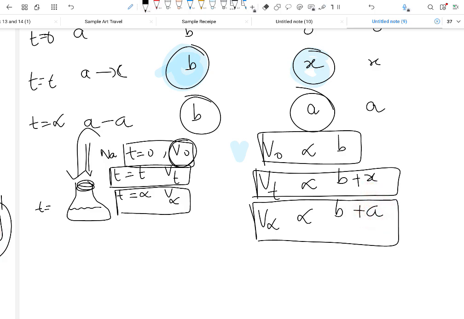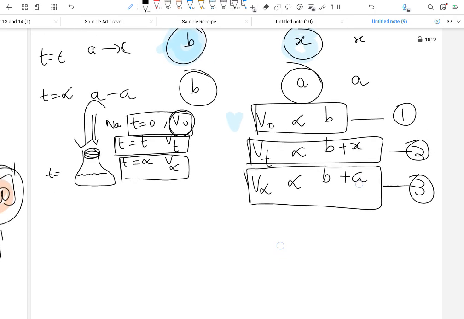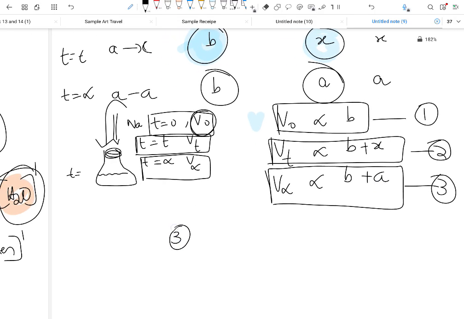So if I take equation 3 minus 1, what will I get? V infinity minus V0 will be directly proportional to B plus A minus B, which is equal to A, right? And I need A minus X.